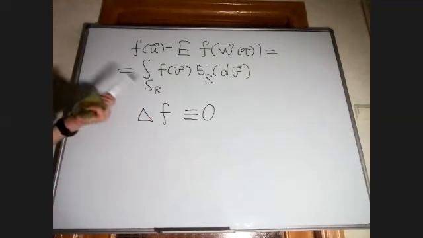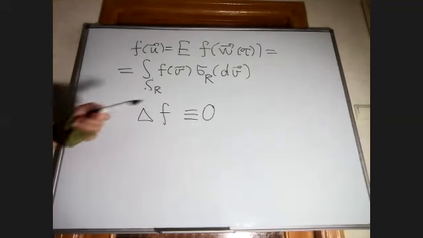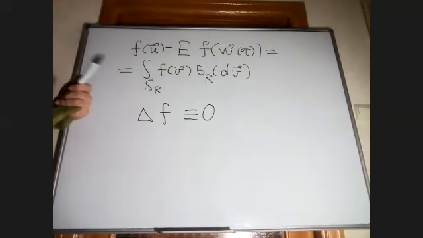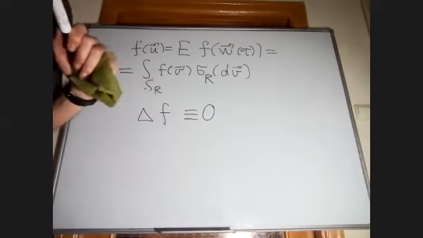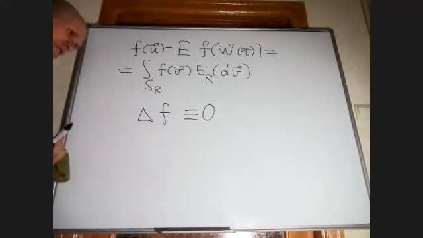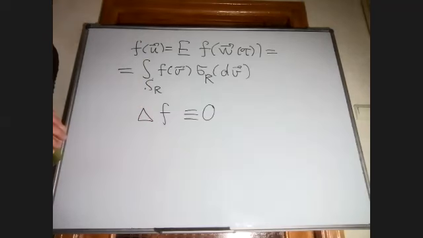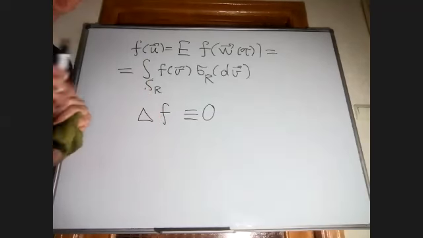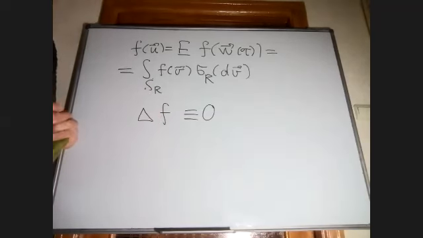For example, in dimension 1, one can describe all harmonic functions. They are just linear functions. In dimension 2 or bigger, the situation is much more complicated and the set of harmonic functions is much richer. But we will still be able to find our probabilities using harmonic analysis. This is the main conclusion of our lecture for today.